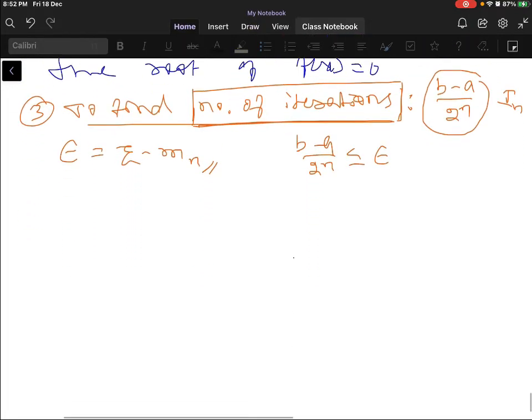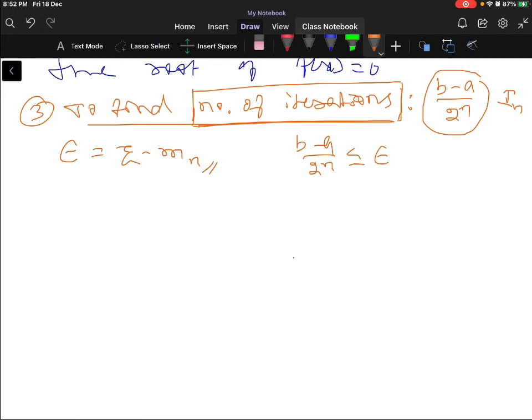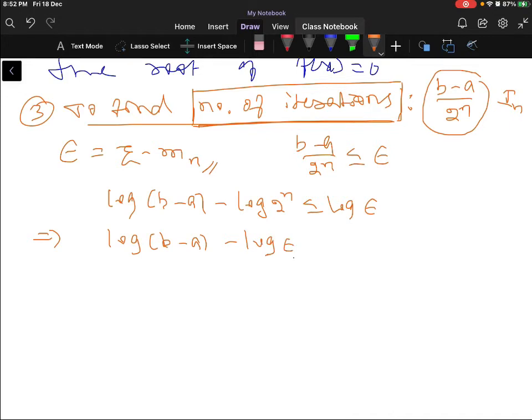length In. So let us take log on both sides. Log of b minus a minus log of 2 power n is less than or equal to log epsilon. So this implies log of b minus a minus log of epsilon is less than or equal to n times log 2.